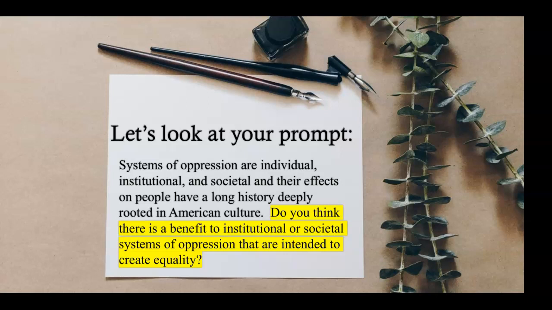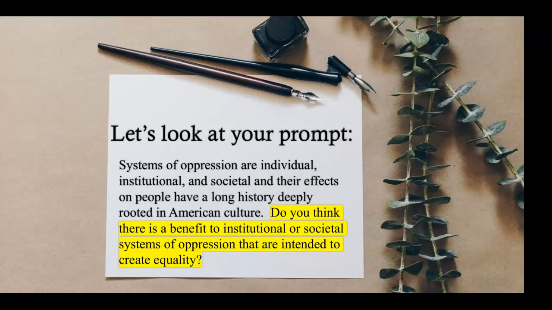So if you have not dove in to Unit 1 yet and you haven't read any of those stories, this might sound like a very confusing prompt. This prompt is pulled directly from the themes and the ideas that we see in the stories throughout Unit 1. So if this sounds really confusing to you, I strongly suggest that you go back and you look at the readings from Unit 1. I would specifically point you towards Harrison Bergeron.